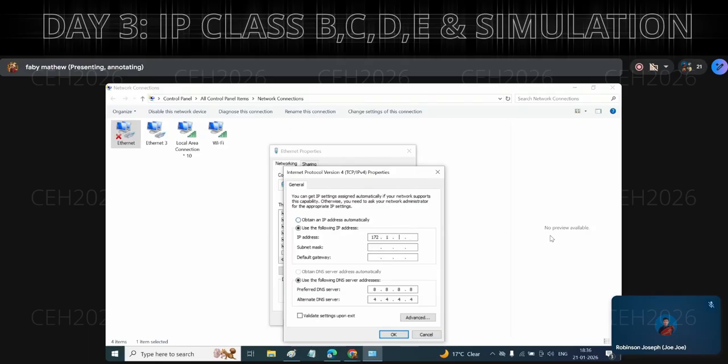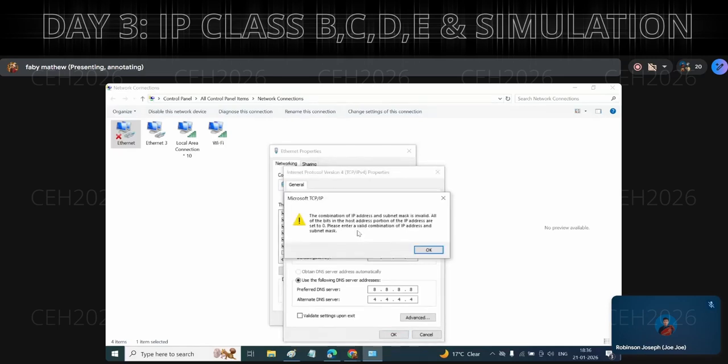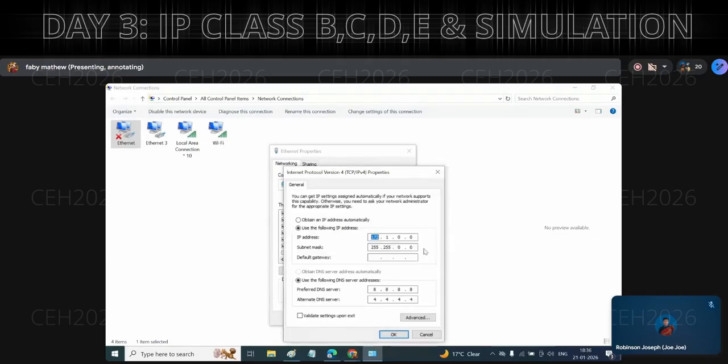172.1.1.0.0. Why? Because in class B, two octets belong to the host part. Okay. So if I press OK, it is telling that the IP address and subnet mask is not a valid combination.